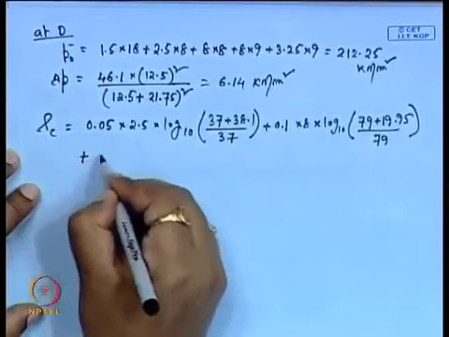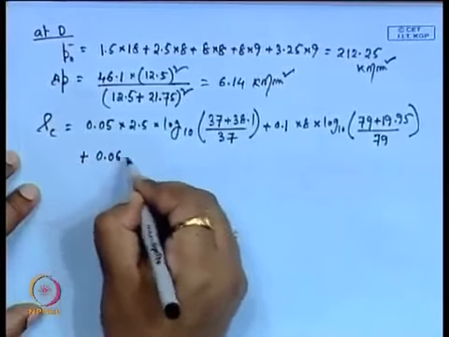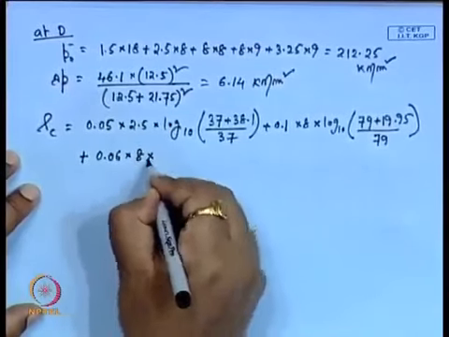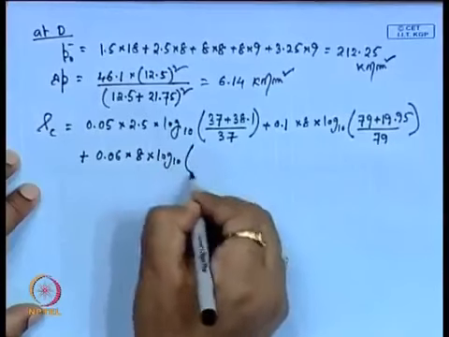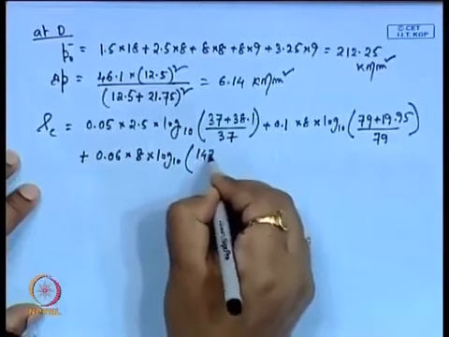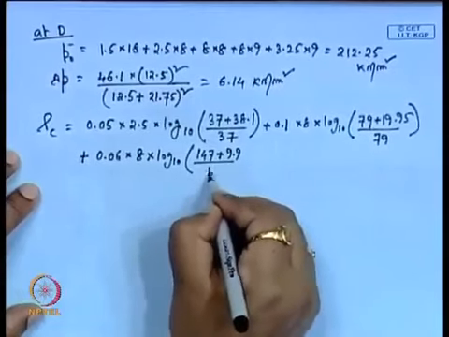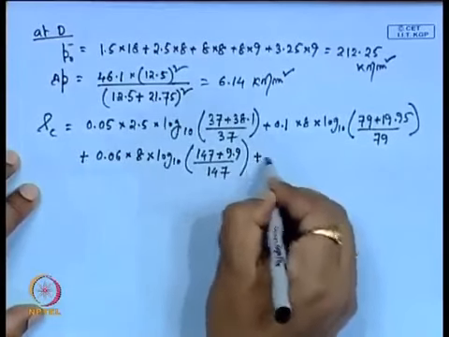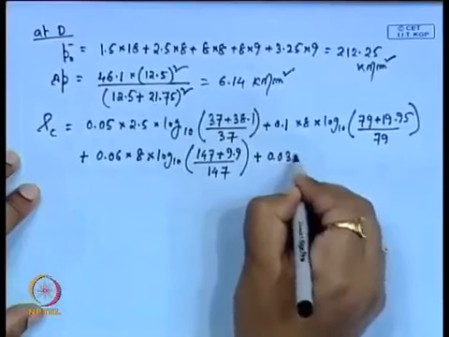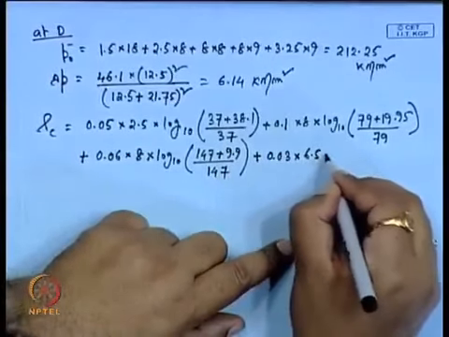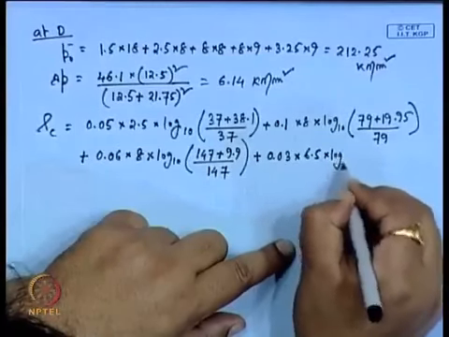For the third layer, this 0.06 is Cc plus 1 by e0, 1 plus e0 into 8 is the thickness of the layer, then log 10, 147 plus 9.9, 147. For the fourth layer is 0.03 and fourth layer influence zone thickness is 6.5, not the total thickness. So, this is log 10.